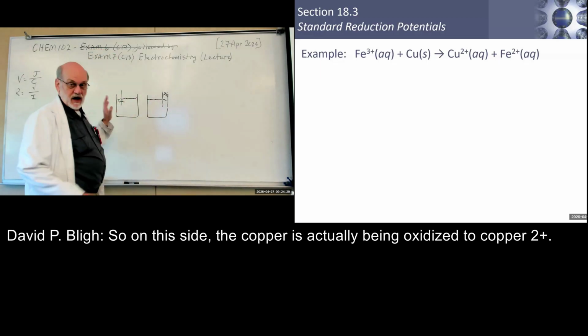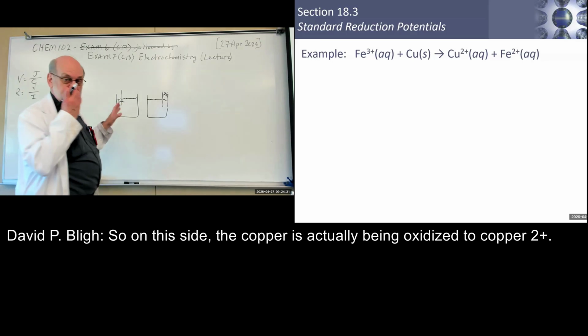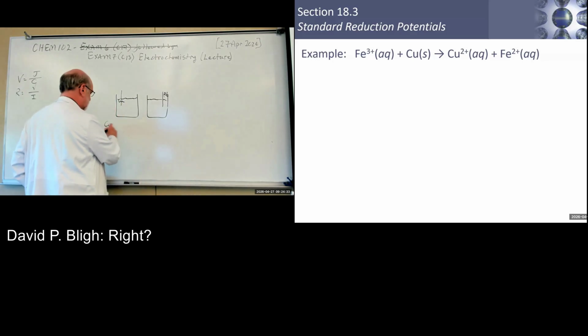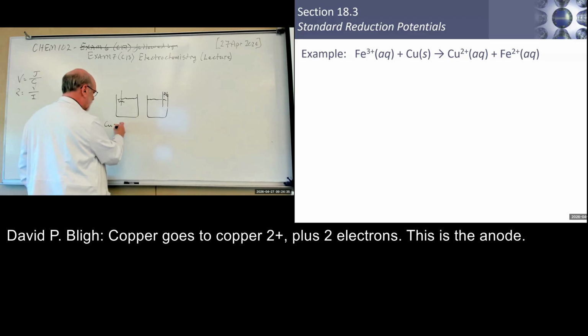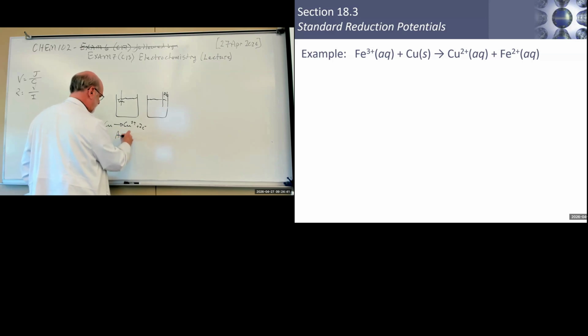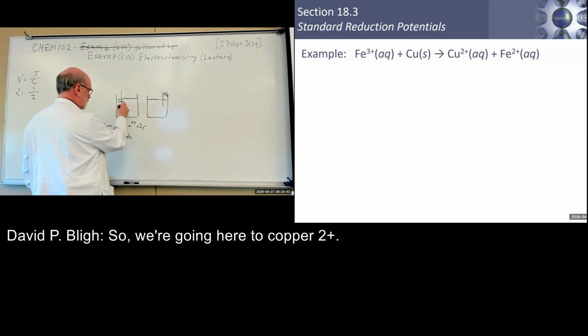So on this side, the copper is actually being oxidized to copper 2+, right? Copper goes to copper 2+ plus 2 electrons. This is the anode. So we're going here to copper 2+.